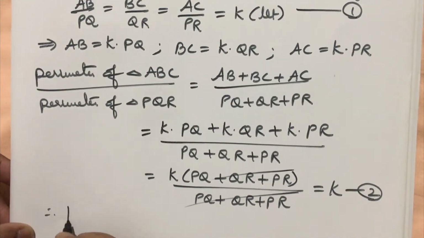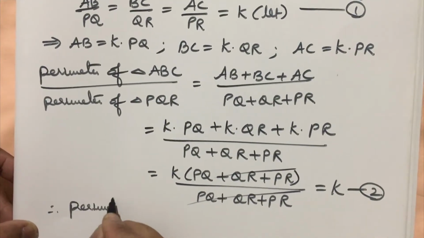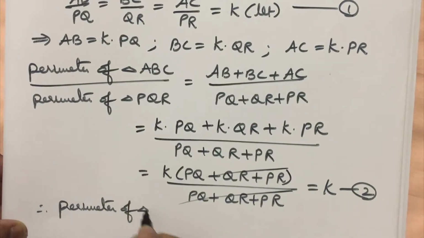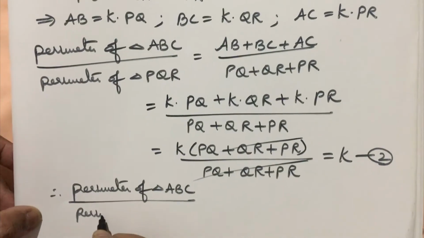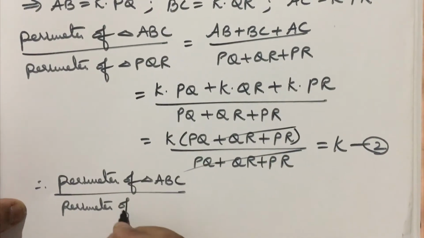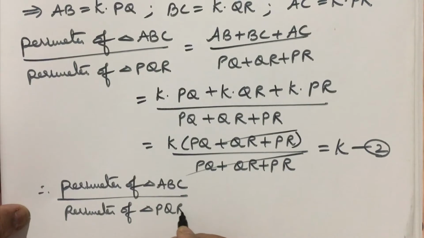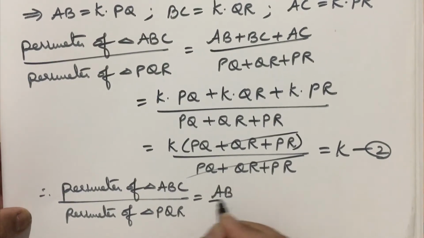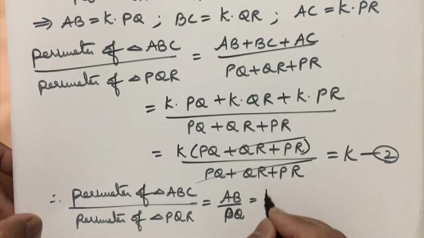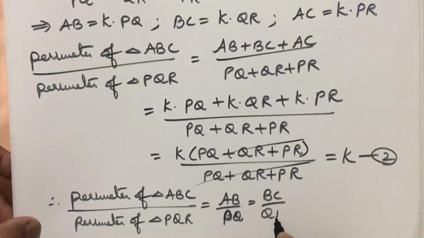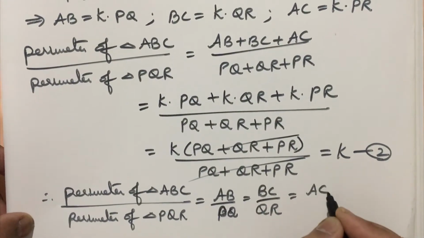It is nothing but the perimeter of triangle ABC by the perimeter of triangle PQR is equal to AB by PQ and BC by QR is equal to AC by PR.